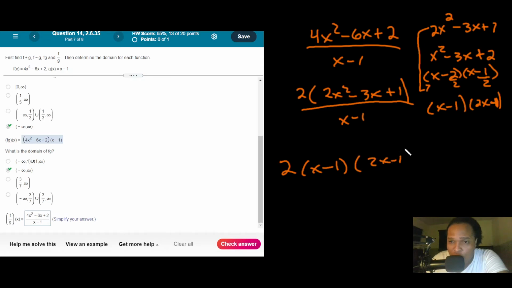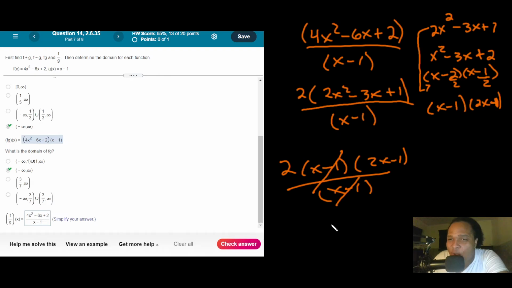2 times x minus 1, all over x minus 1, and take a look. Yeah, they did cancel. Notice that we didn't have a parentheses on the bottom at first, but I'm going to put it there because we're canceling. You can have a parentheses anywhere, just as long as you put it over the whole numerator or the whole denominator. I want to do it just so we can see that they go away. So we have 2, open parentheses, 2x minus 1.